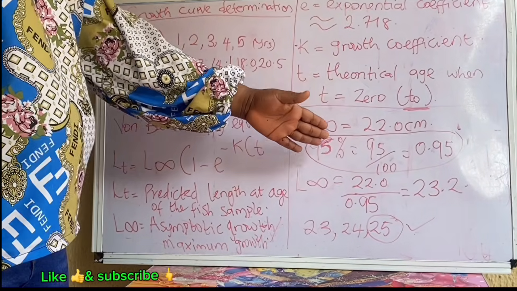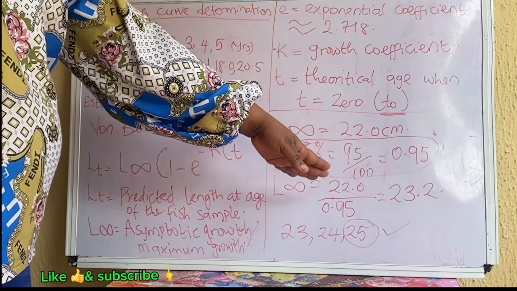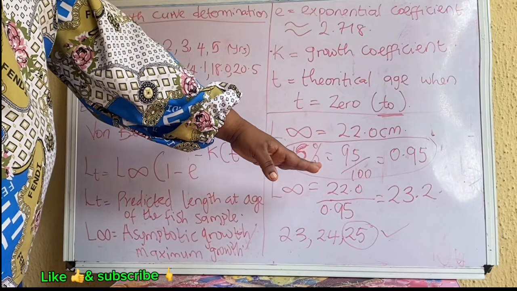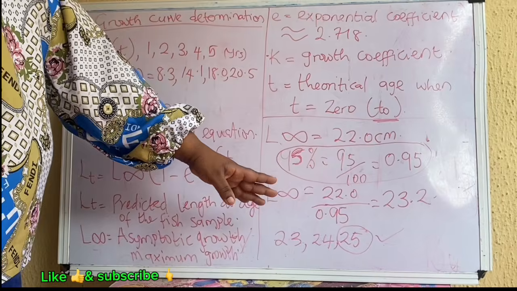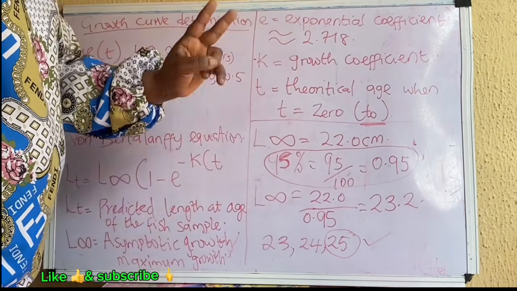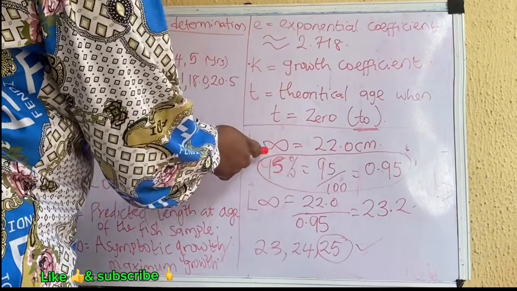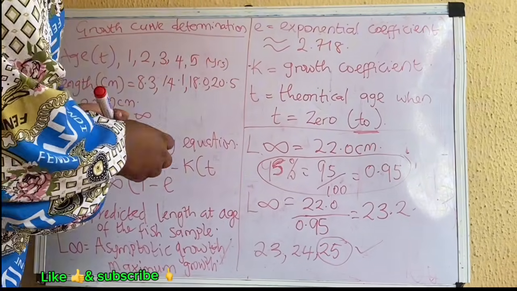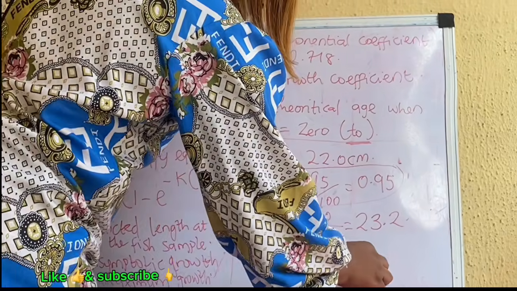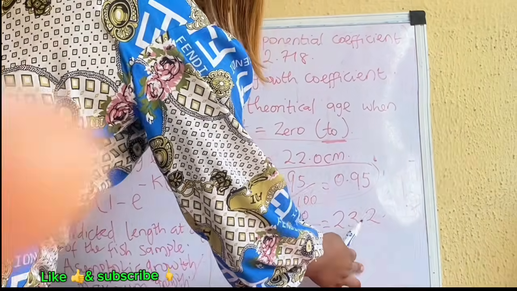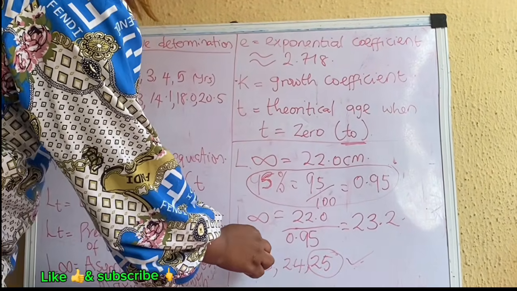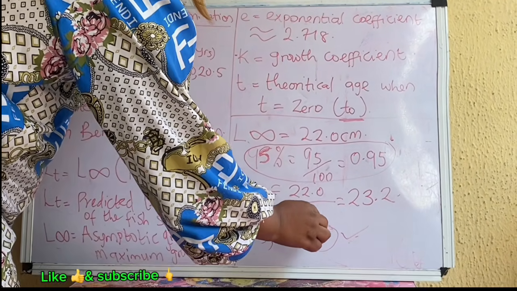So after getting your asymptotic length, after you divide by the 95% of fishes observed within their population, you now add 2 to 3 points. You can use 2 to 3 points for you to get the final asymptotic length. So in this case, we are using 25. You can also use 26. It depends, but don't forget you can use 2 to 3 points. This is the first point, this is the second point, and this is the third point.